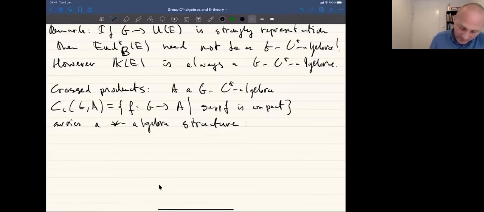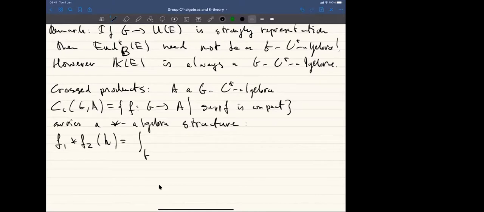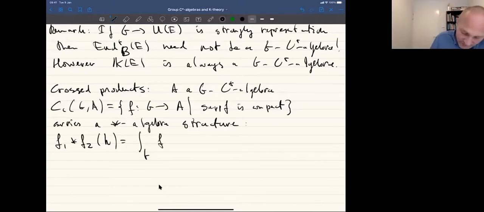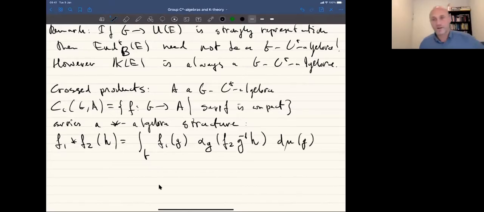As follows. So there is a convolution product. If I take two functions, I evaluate them on an element H, then I take the integral over G of F1 of G, alpha G, F2 of G inverse H. So note that the functions take values in the G C star algebra, so I can act on the values.